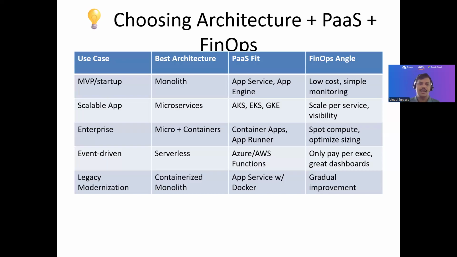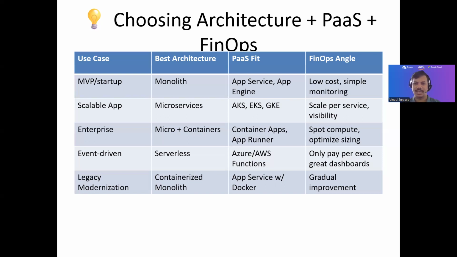Now, it is not something every requirement should go with, but depending on the requirements, how we want to use all those services, optimize from the cost side, as well as how we should use platform as a service. By choosing the right set of architecture, including PaaS and mapping the FinOps with it, definitely is going to be very helpful and a game changer for the long term as well.